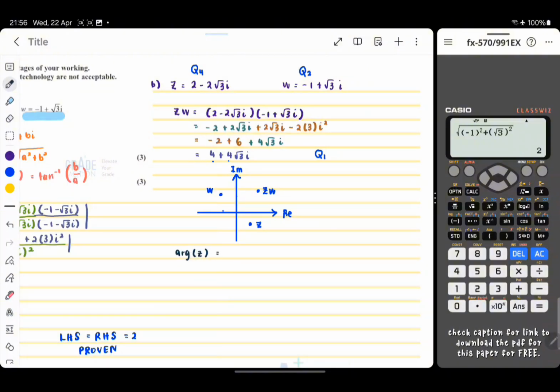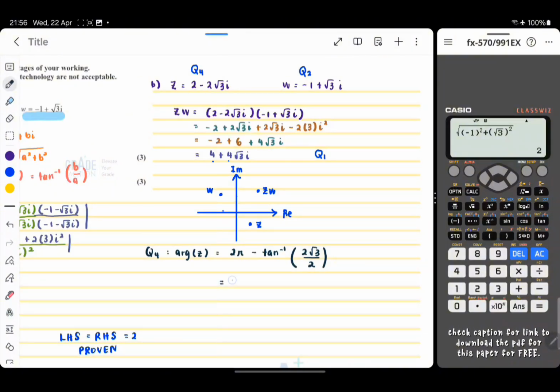Argument of Z would be, okay, Z is located at quadrant number 4. Remember, for quadrant number 4, it would be 2 pi minus inverse tangent of B over A. So what's the value? 2 root 3 over 2. We will ignore the negative because we already used the position.